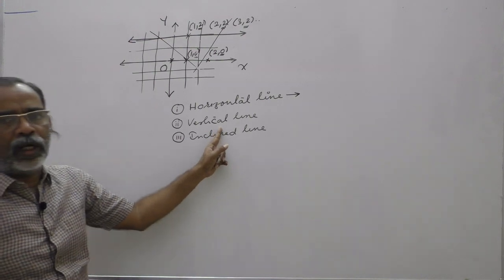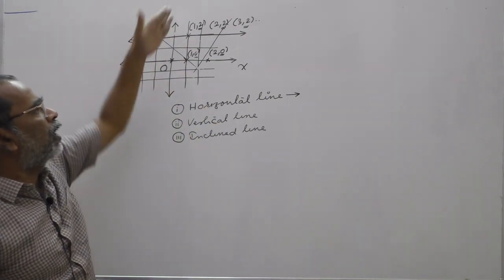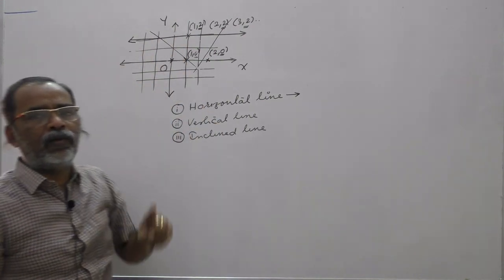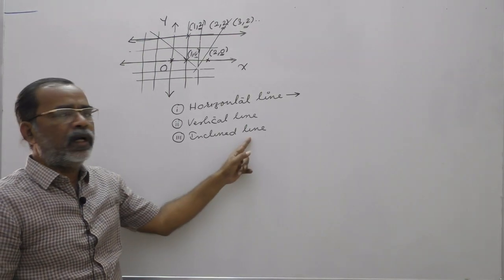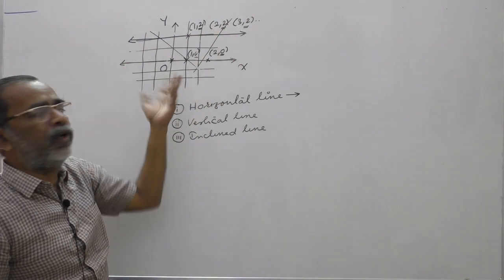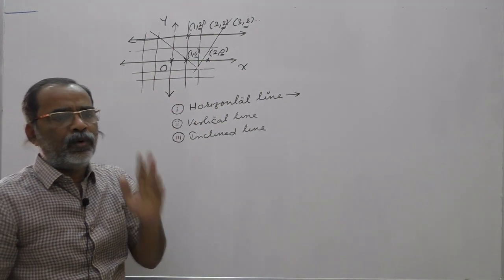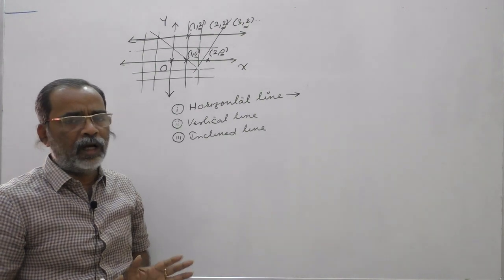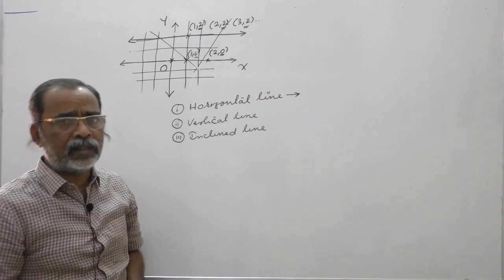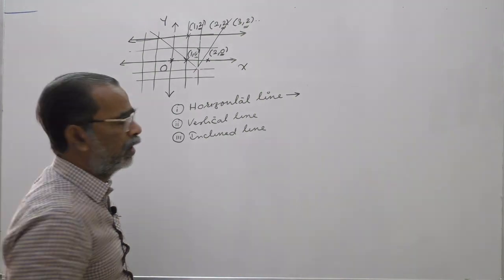Similarly, if you take a vertical line, they are parallel to y-axis, therefore their x coordinates are equal. If you take an inclined line, both will be different. All the points will have different x coordinates, different y coordinates.